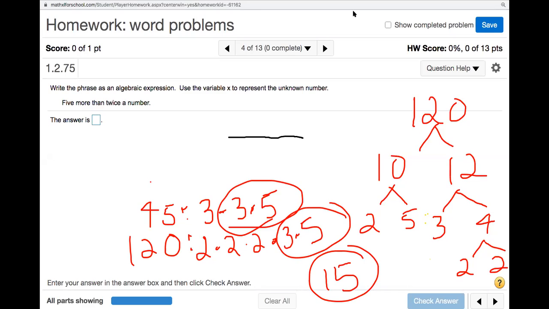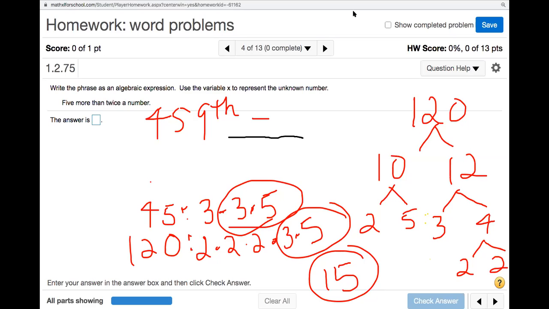Okay? So guys, if you have 45 ninth graders and you're going to break them up into rows of 15, how many rows would you have, guys?